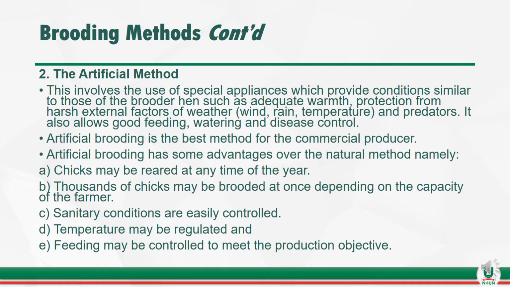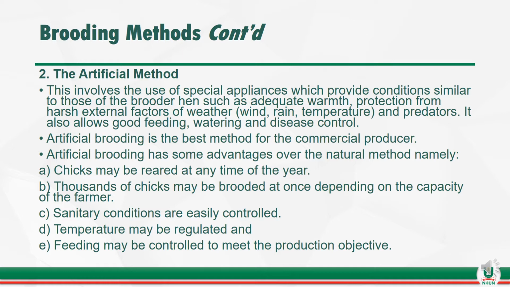Artificial brooding has some advantages over the natural method. These include that the chicks may be reared at any time of the year. Thousands of chicks may be brooded at once, depending on the capacity of the farmer.